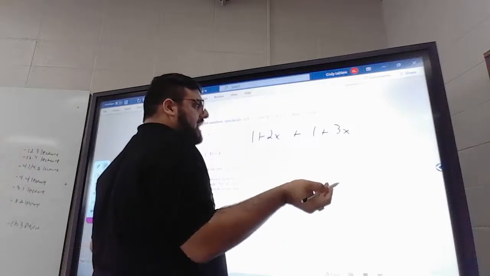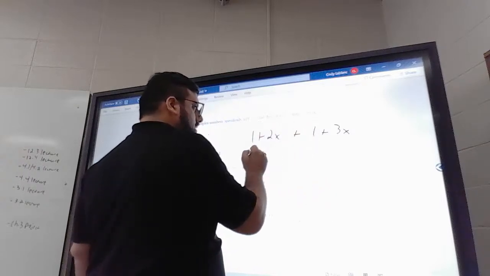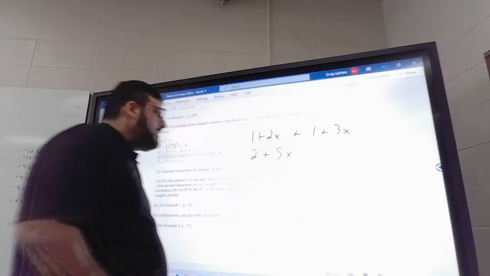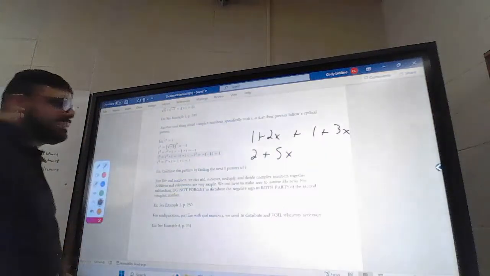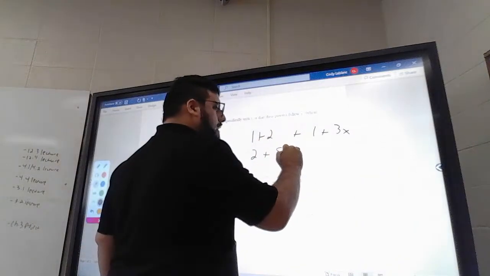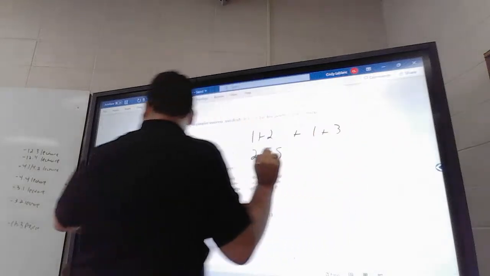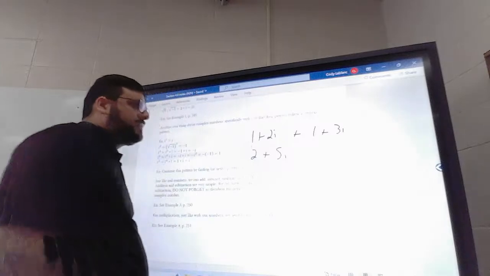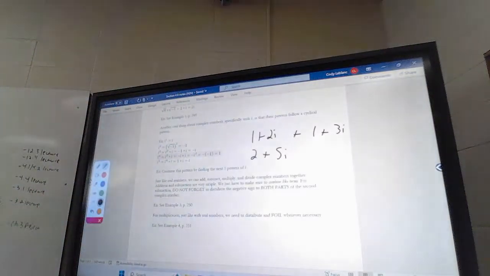Well, you would combine like terms, right? Add the ones together, that's 2, and then add the 2 and the 3, that's 5x. The same process applies with complex numbers. We're treating i, even though i is the square root of -1, we can also treat it like a variable. So you pretty much add the real parts together and then add the imaginary parts together.